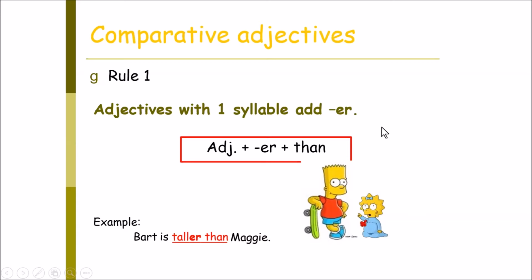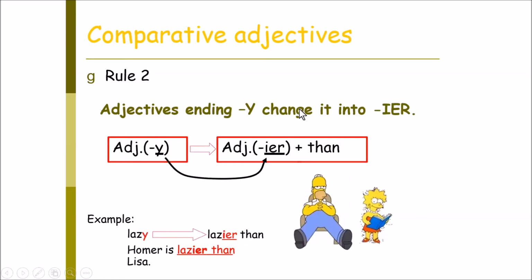Let's continue to the second rule. For the second rule, we have adjectives ending in y. When the adjective ends in y, you have to change the letter y to the letter i. And then you have to add er, always at the end of the adjective. And obviously the word than. The example says lazy.